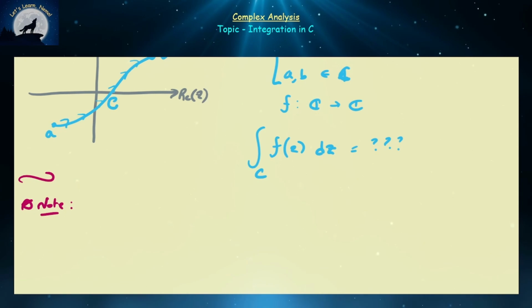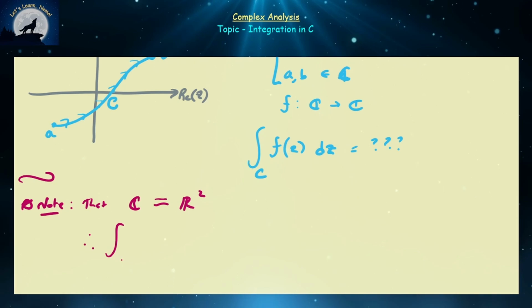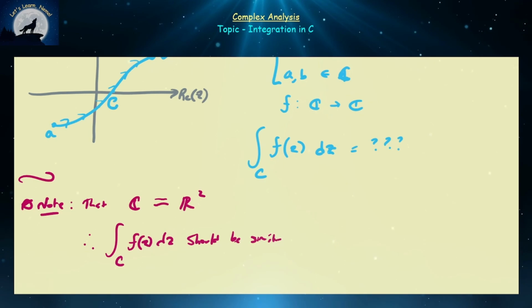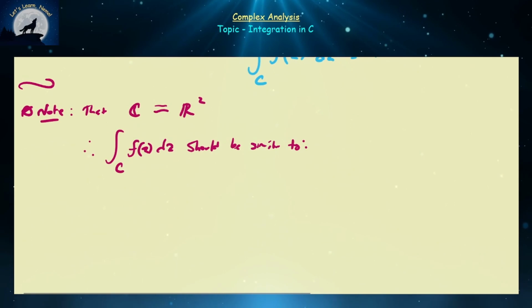Let's first note that C is very similar to R2. So the integral over some path C of f of z dz should be similar to one of the following objects. I think that would be a safer way to say it.